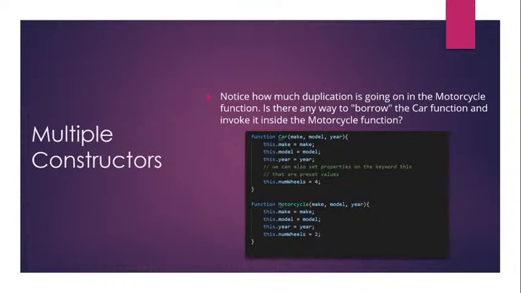You might be thinking, why don't we just call the car function inside the motorcycle function? The problem is that when we call the car function, the keyword this refers to the object that will be created from the car function, when the new keyword is attached to the car constructor. But that's not what we want. We want this to refer to the object created from the motorcycle function.